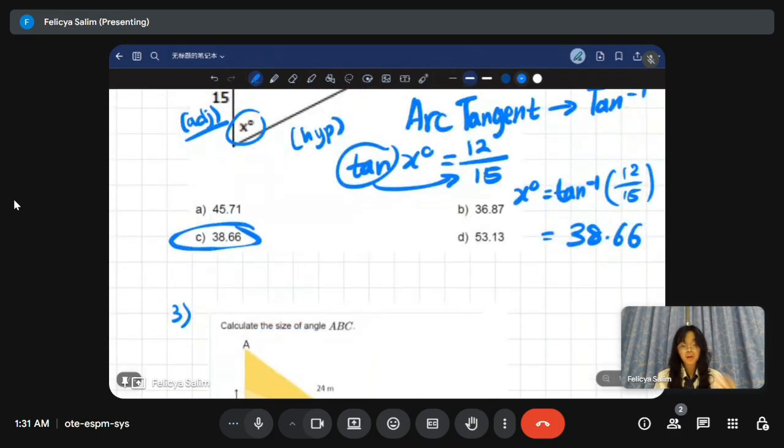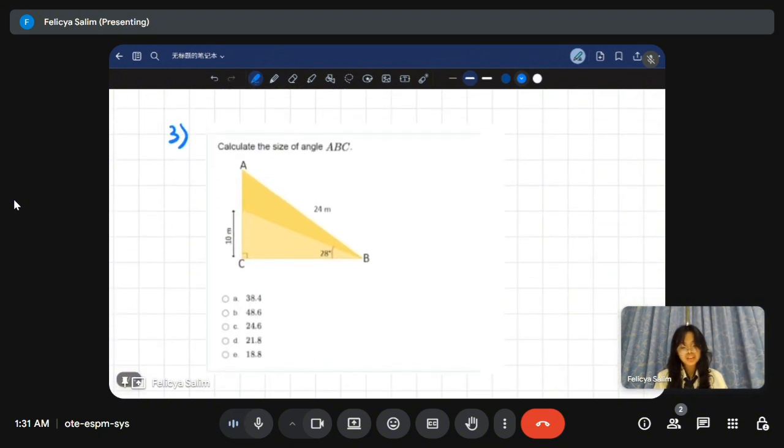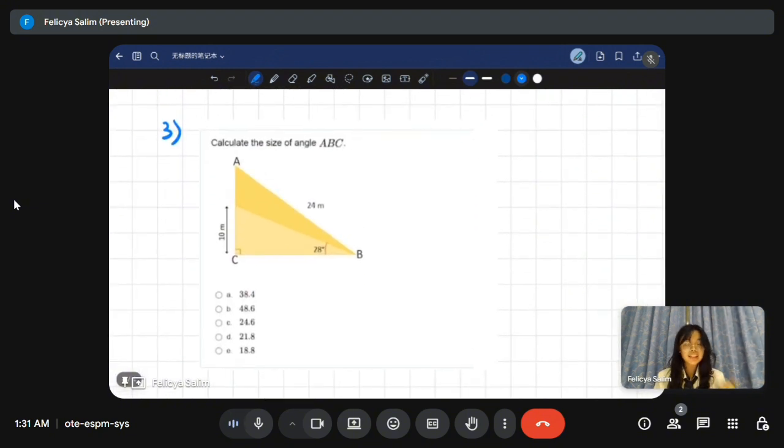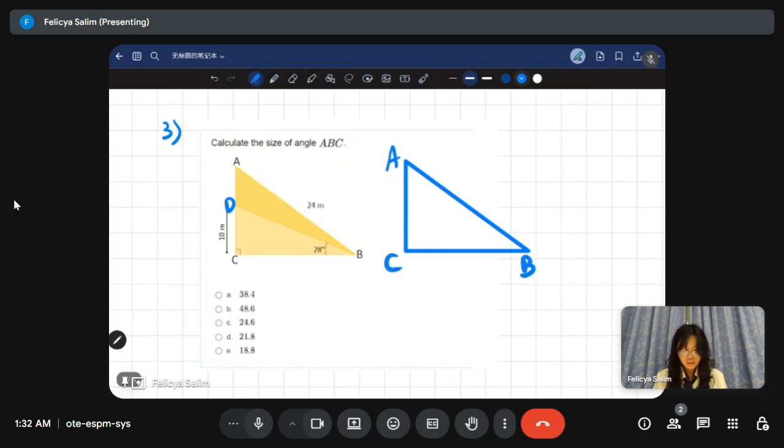Now, let's go to a bit of a more complex question, which consists of you needing to find the lengths and also finding the angle. So we're going to say this is D. Now, of course, in this shape, you're going to find two right angle triangles. One of them is triangle ABC.